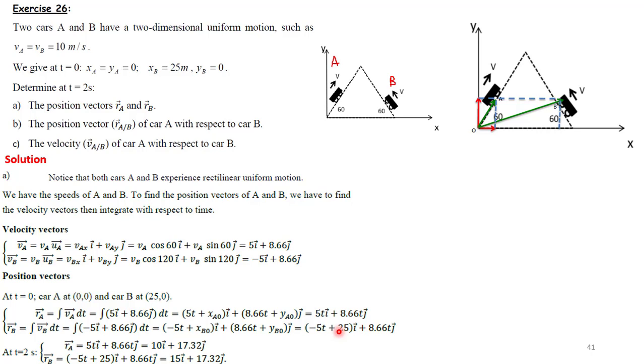We still need to replace t with 2 seconds to find RA and RB at t equal to 2 seconds.